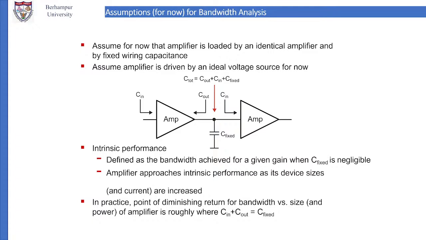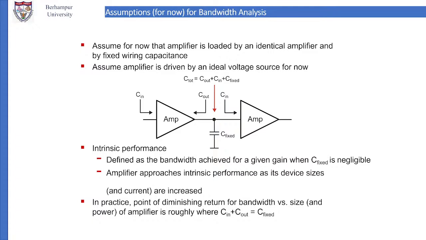Then similarly for the amplifier, in the input we will have C in. So C total is C out plus C in plus C fixed, whatever fixed amount of capacitance we have given, that is C fixed capacitance, so that there will be matching.